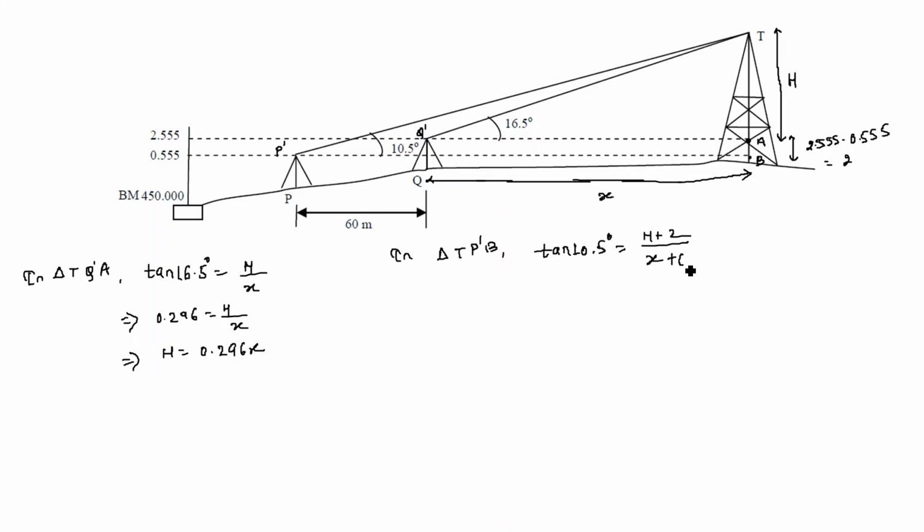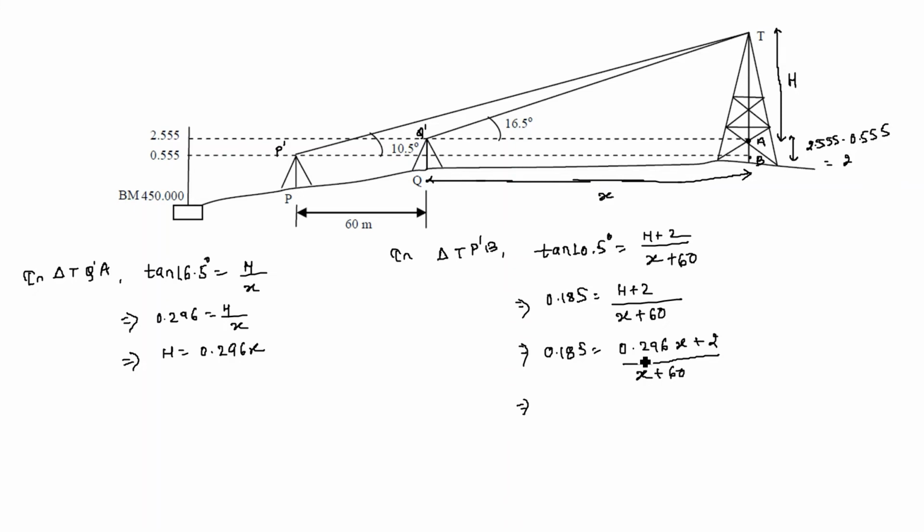So, tan 10.5 degree is 0.185, which is equal to h plus 2 divided by x plus 60. Now, we can write 0.185 is equal to 0.296x plus 2 divided by x plus 60.